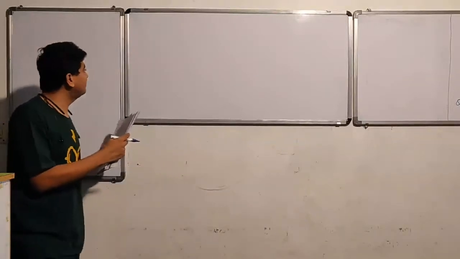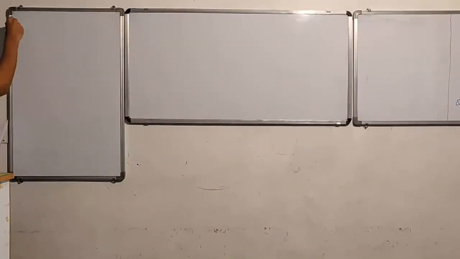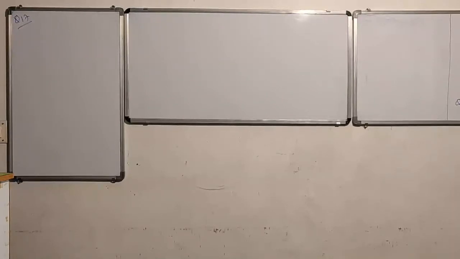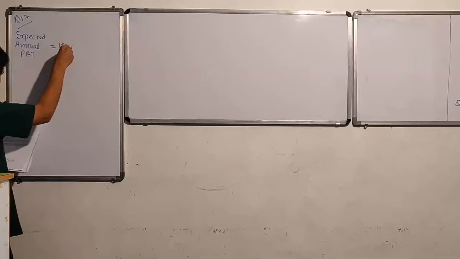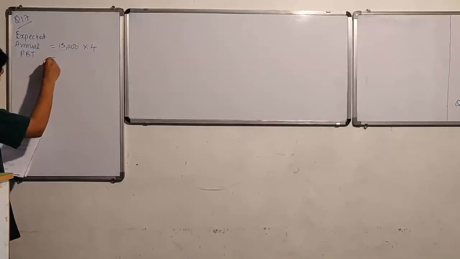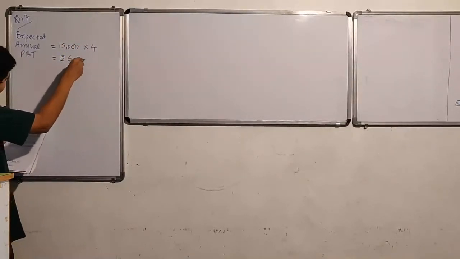So that is my first step over here as a part of solution of question 17. We say expected annual profit before tax is 15,000 into 4, which turns out to be 60,000.